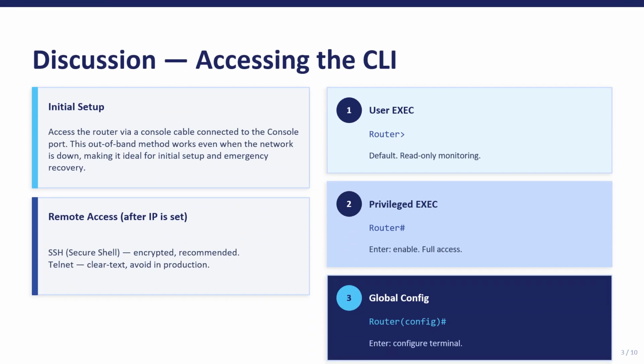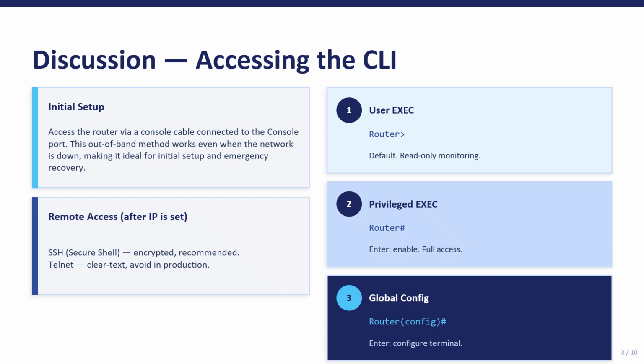Okay, let's discuss accessing the CLI. To configure a router, you must use the command line interface or CLI. For essential setup, access the router via a console cable connected to the console port. This out-of-band method works even when the network is down, making it ideal for initial setup and emergency recovery.